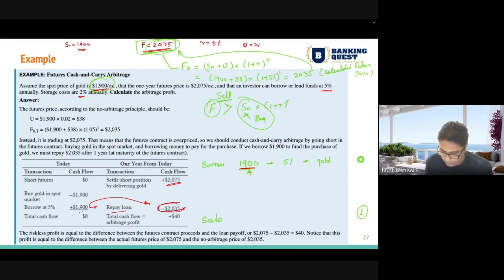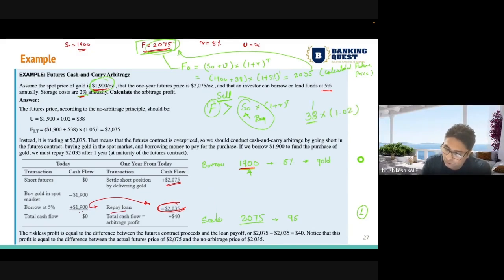The sale will be, I'm selling at 2075, right? And interest will be 95. Now, the storage cost is 2% annually, right? 38. That storage cost, I do not have my own money, right?